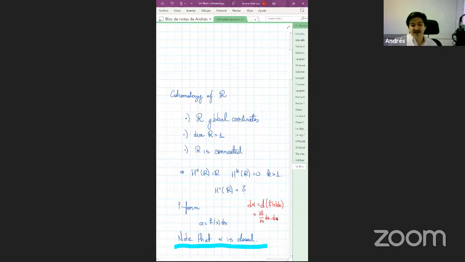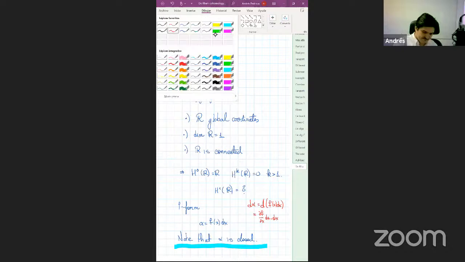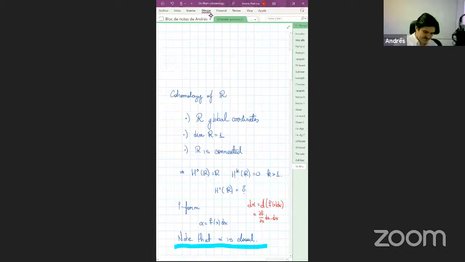Also, this is something that you can do. Now, dx times dx equals 0. Right. So from that, you get that alpha is closed.